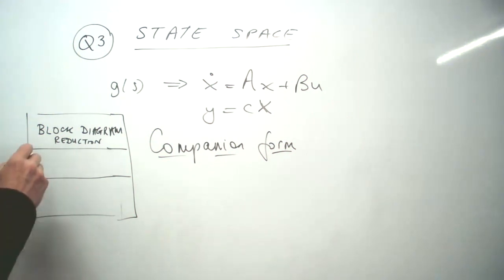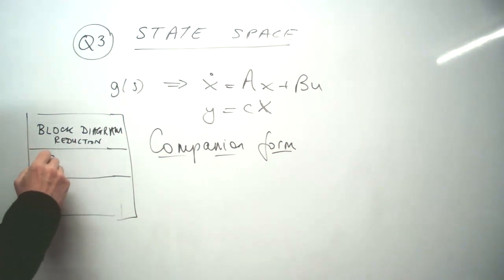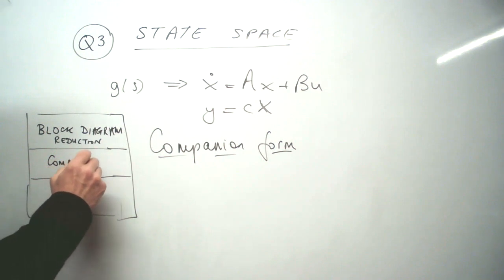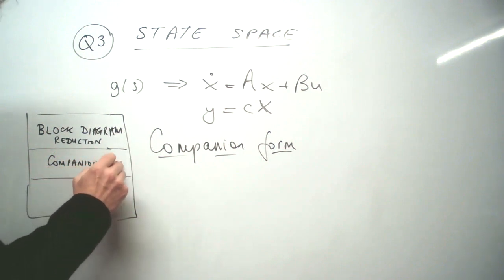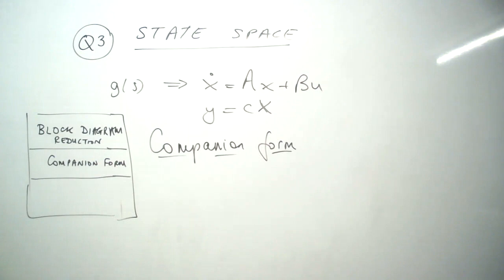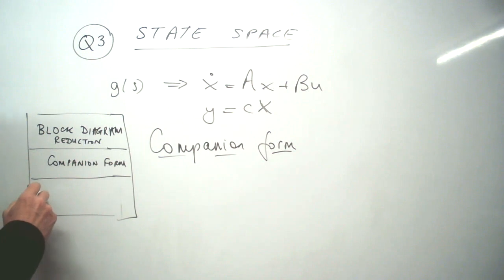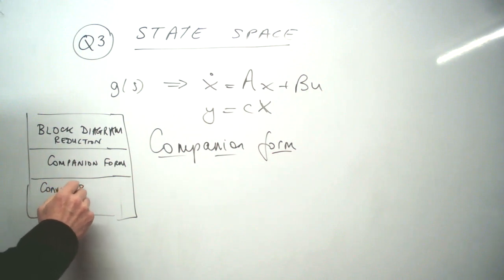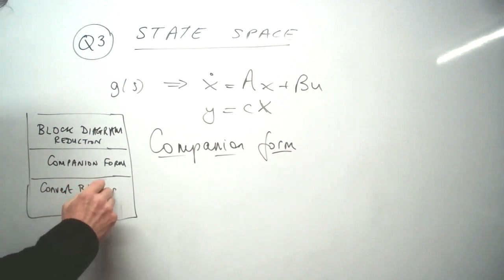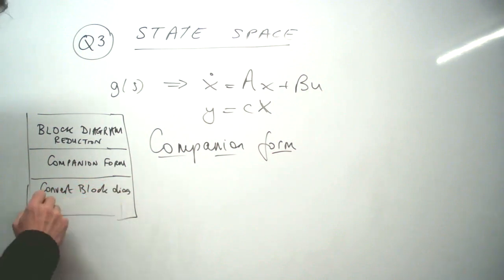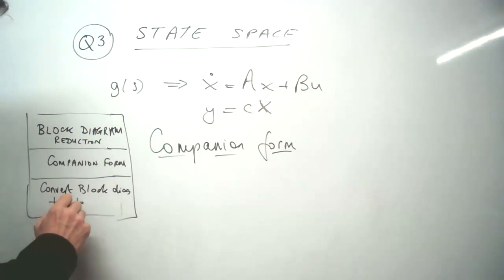Then in the second part, it's always what we call companion form state space. So that's a state space question built around doing a companion form question. And the third part is to do with converting the block diagram to state space.